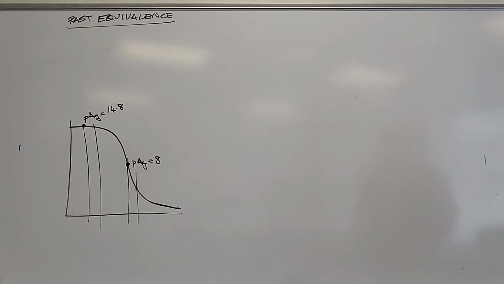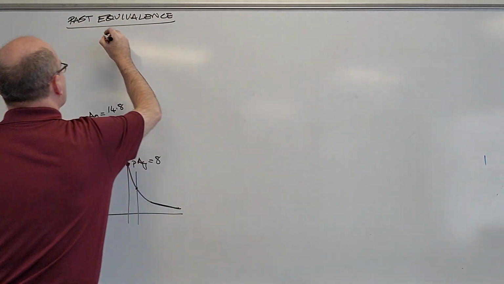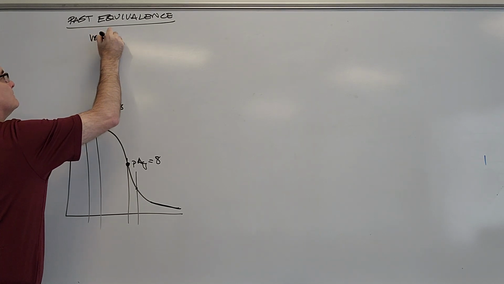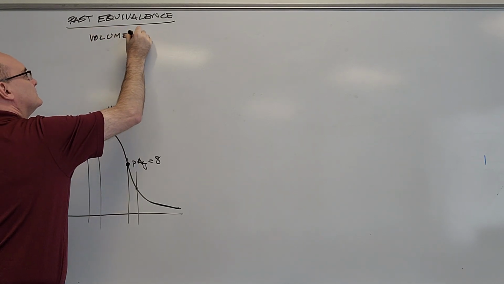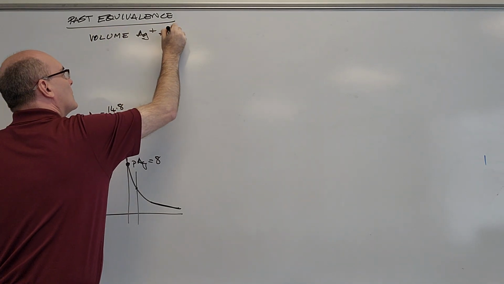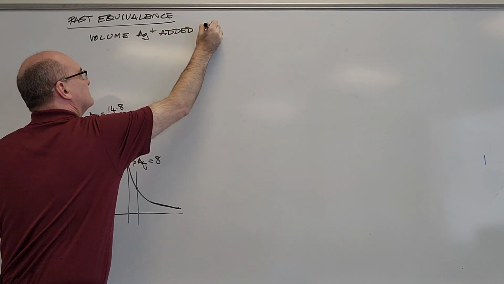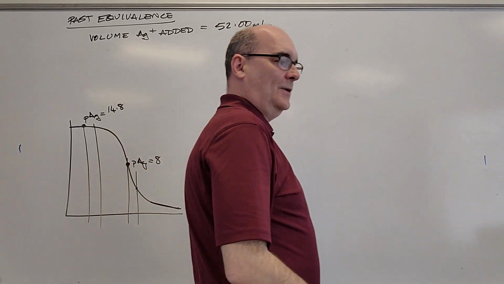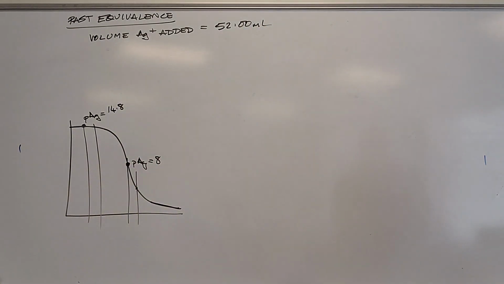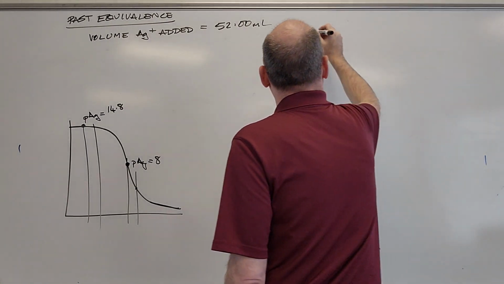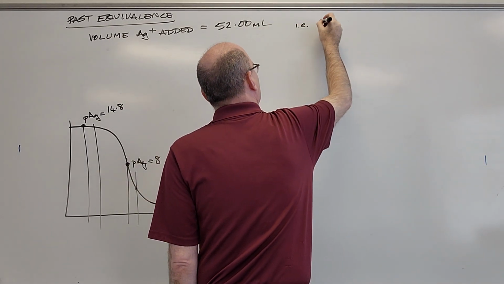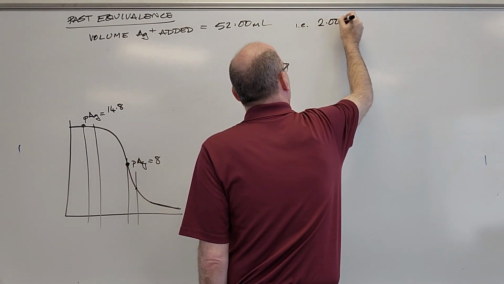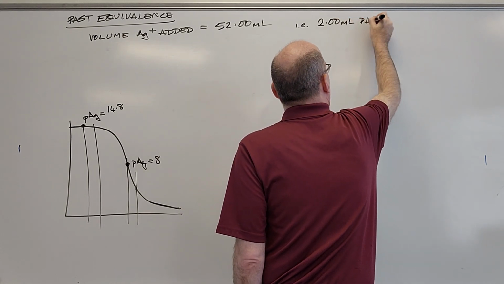Let's go just a couple of milliliters over. If I add 52 milliliters instead of 50, I am 2 milliliters past equivalence.